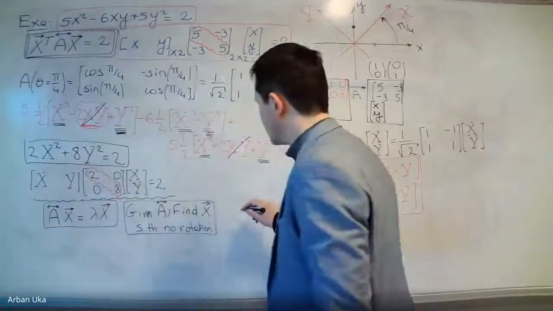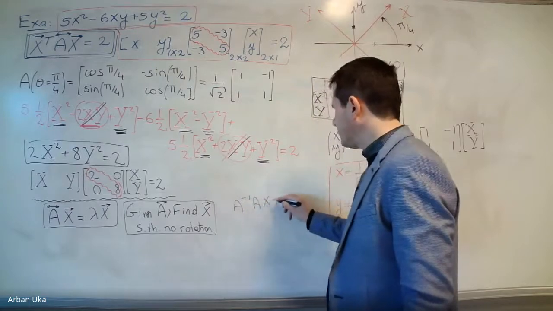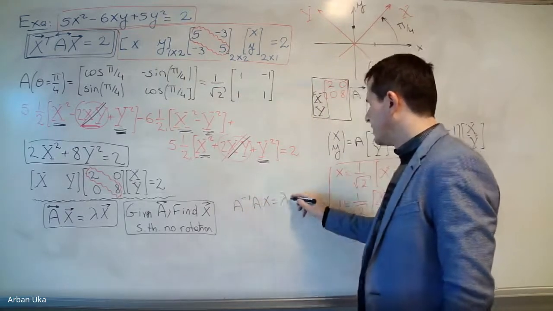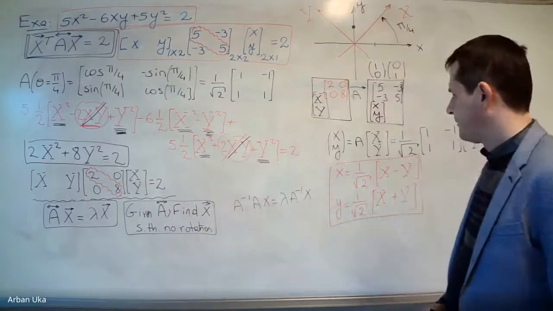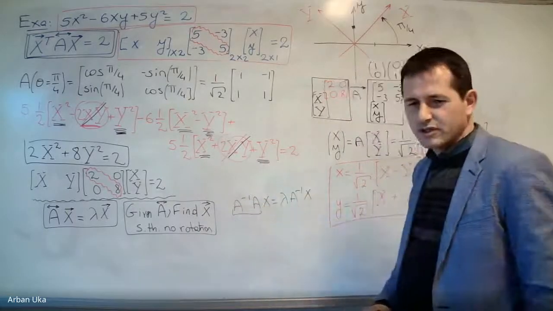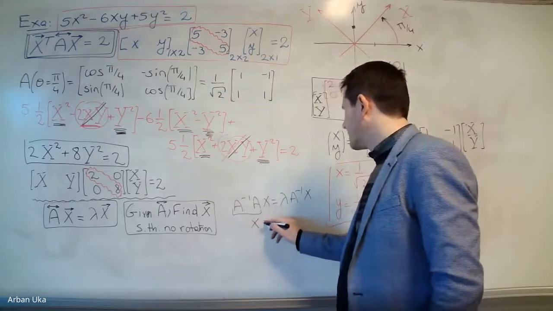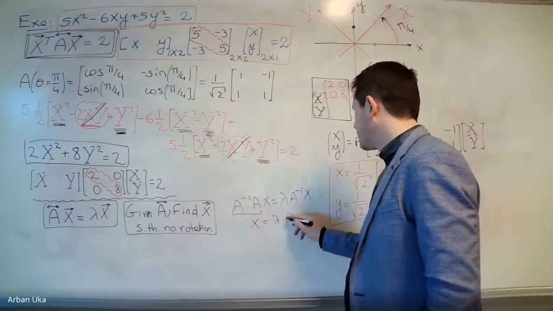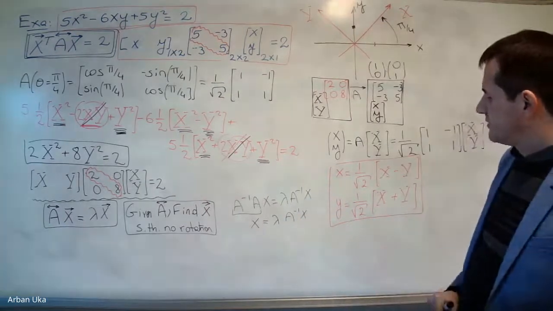So you are saying that if we multiply A inverse with A x, this would be lambda A inverse times x, right? Yes, so you would have just the identity matrix on the left. This is perfect. Your intrusion is very welcome, because you observe here that x is equal to lambda times A inverse times x.